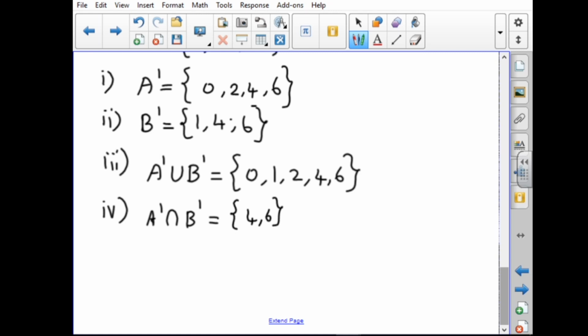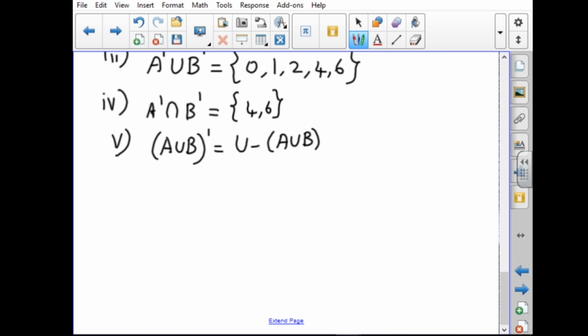Then the fifth one, A union B whole dash, that means the universal set minus A union B. The universal set is from 0 to 7: 0, 1, 2, 3, 4, 5, 6, 7.